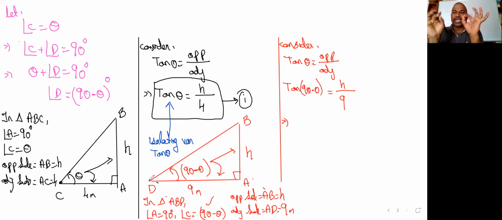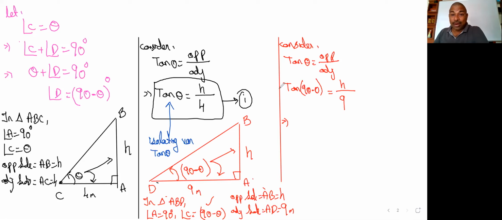Why? Because theta alone has no value. As we are dealing with trigonometry, an angle becomes meaningful if it is connected to a trigonometric ratio. Here the trigonometric ratio is tan theta, so I take one of the variables as tan theta.